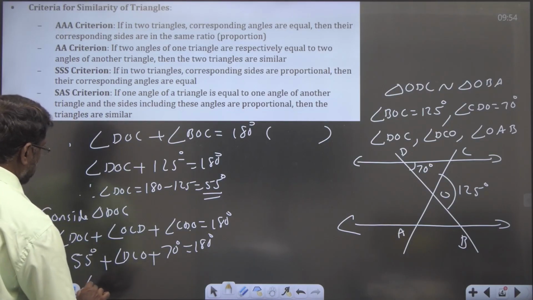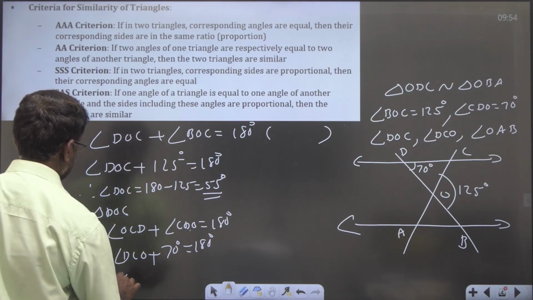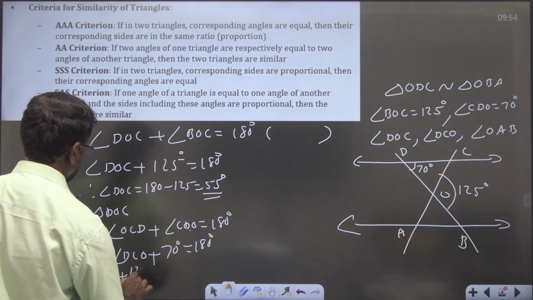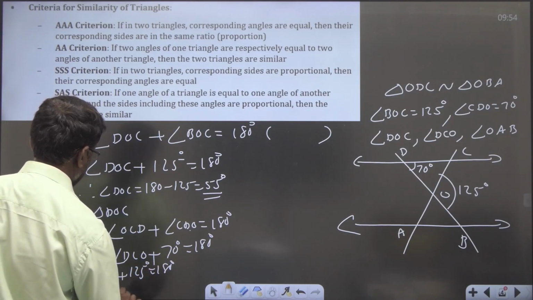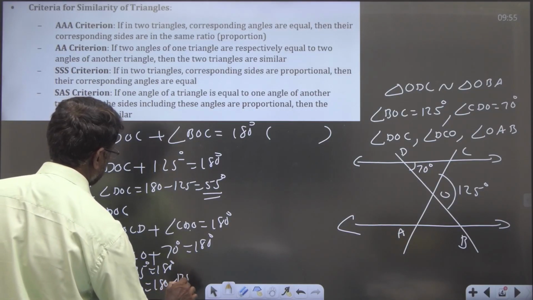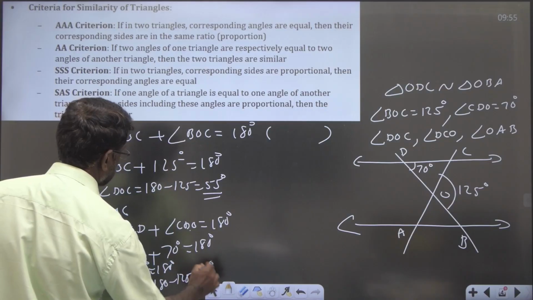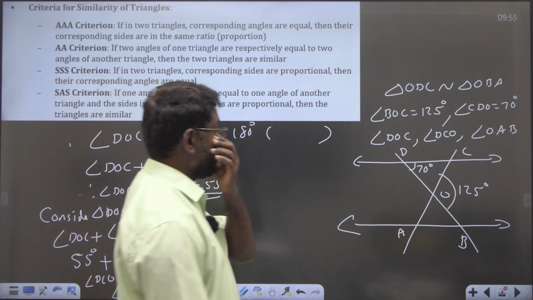Therefore, angle DCO plus 55 plus 70, 125 degree, 180 degree. Angle DCO is equal to 180 minus 125, that is also 55 degree.